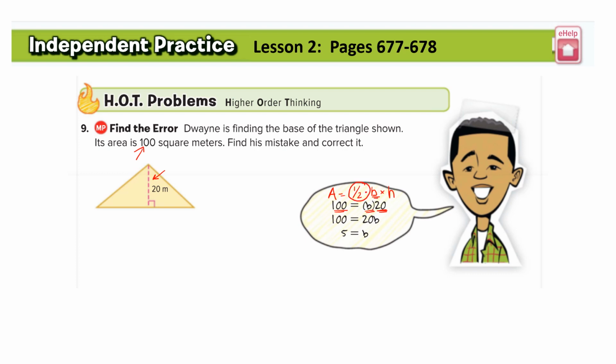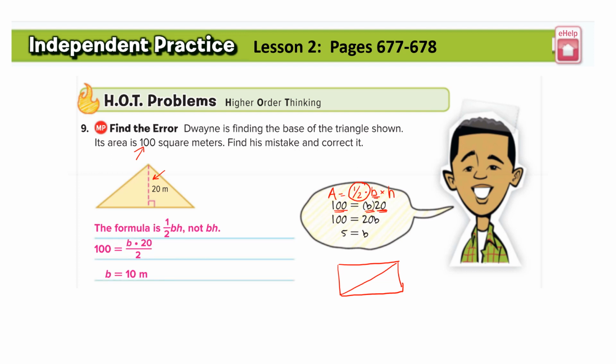So what he did was he actually found the area of a rectangle, not the area of a triangle, because the triangle would be cut in half. The formula is 1/2 times the base times the height, not the base times the height.